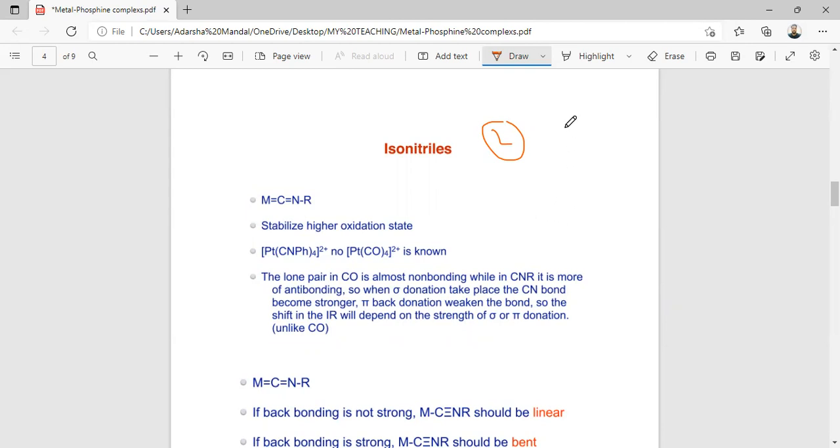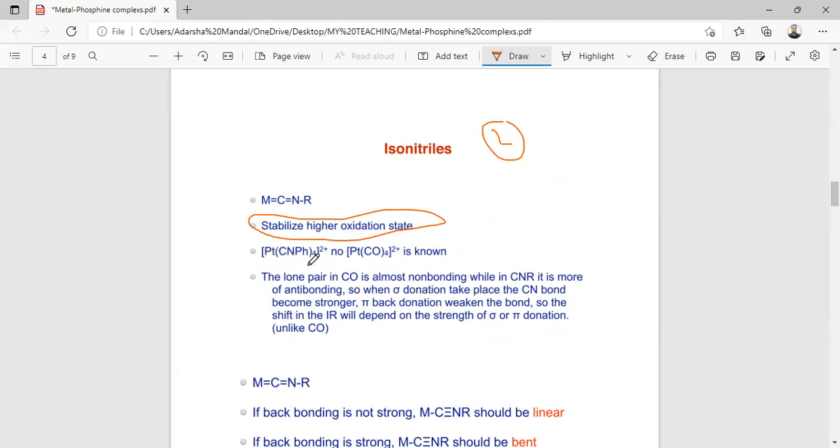So the sigma donation property of the isonitrile is better compared to the carbonyl, because the more electronegative oxygen atom is replaced by nitrogen. So the isonitrile stabilizes more cationic and higher oxidation states of the metal center compared to CO. CO is preferably bound to low valent metal centers.